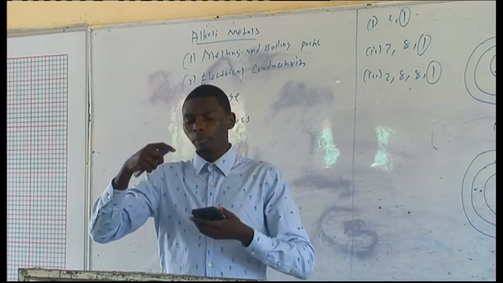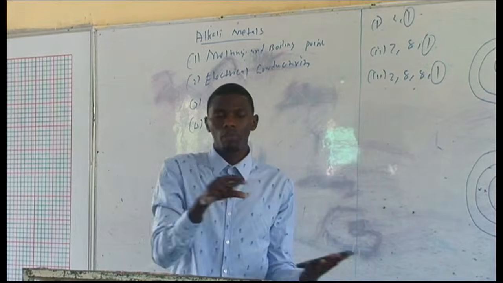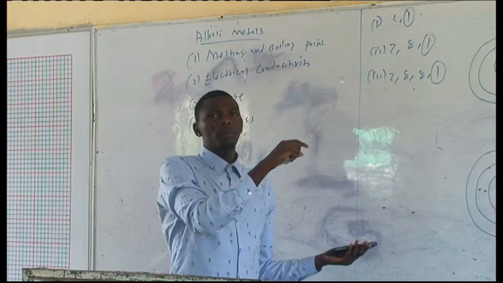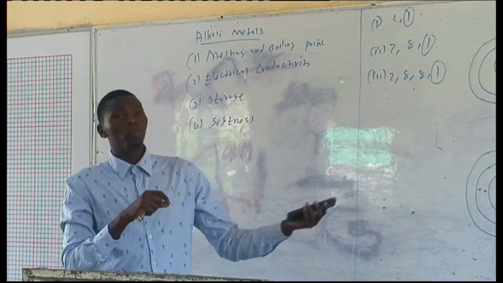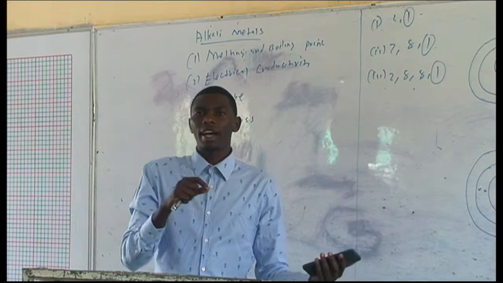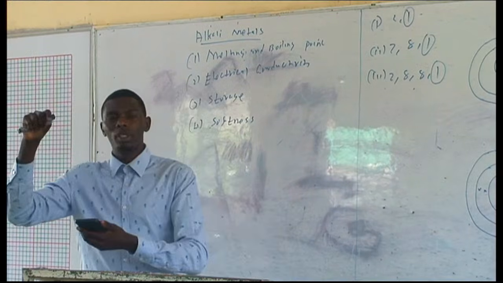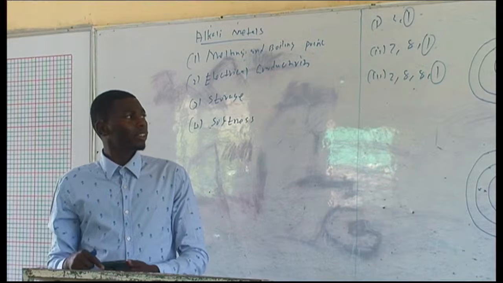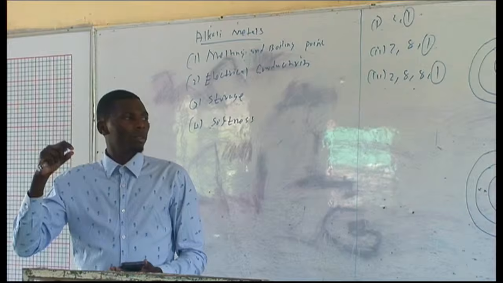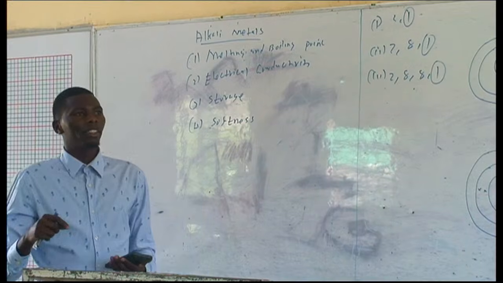And in melting and boiling, we are breaking these bonds. If you compare the bond of lithium and potassium, the bond of lithium is high as compared to that of potassium. That's why as you go down, the melting and boiling point decreases.